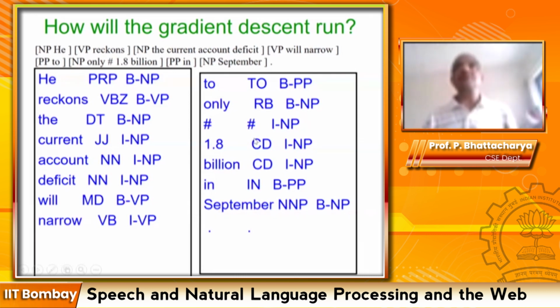You just scan over the whole corpus and you get this done. But in iterative gradient descent, you will have to go over the corpus many times and run this gradient descent until convergence, until the lambda values don't change. So that takes time. It is a more involved operation.